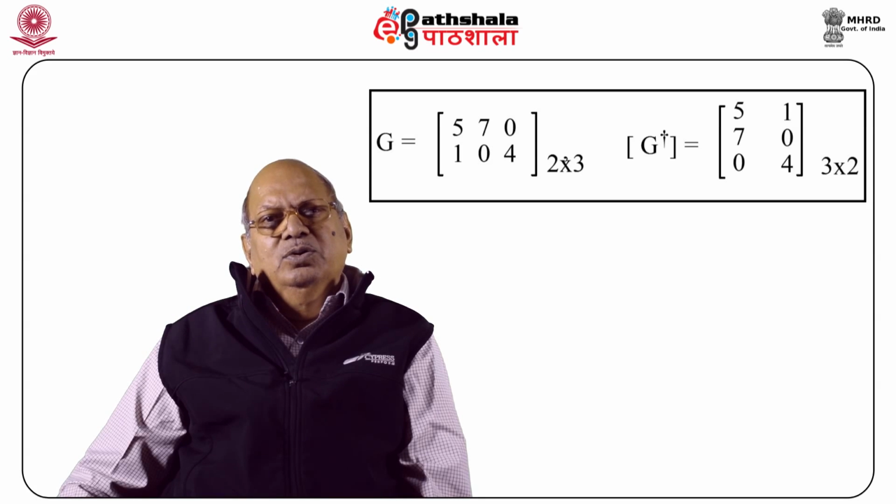The example below shows G and its transpose G dash, where G is of 2 by 3 dimension.